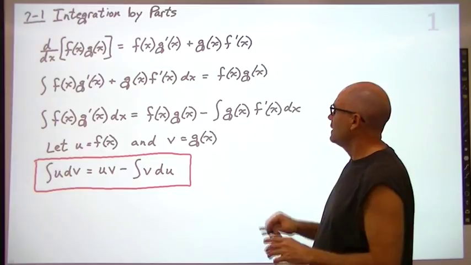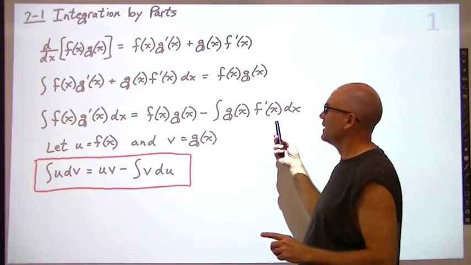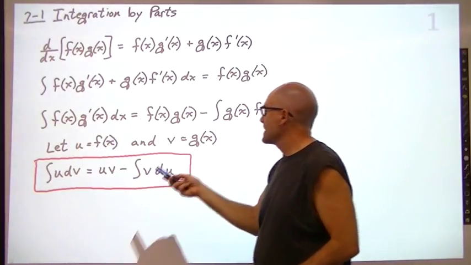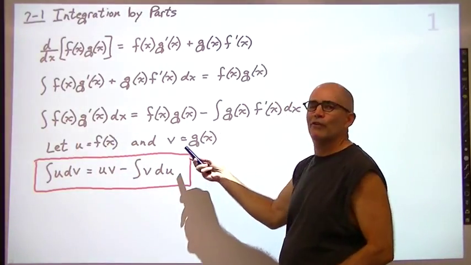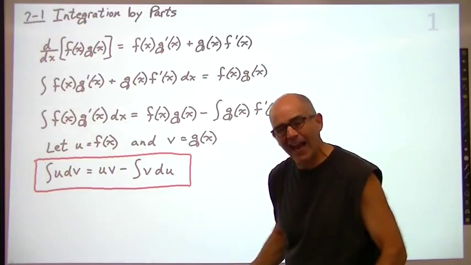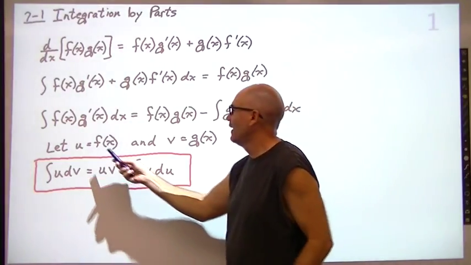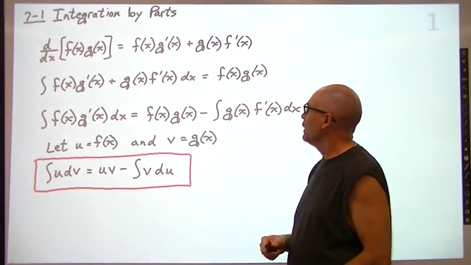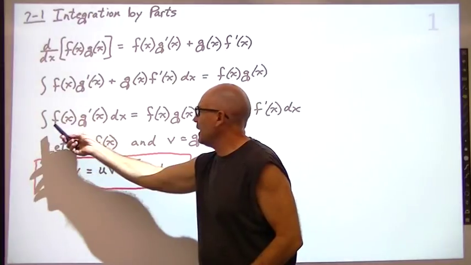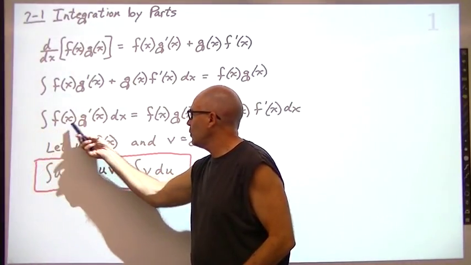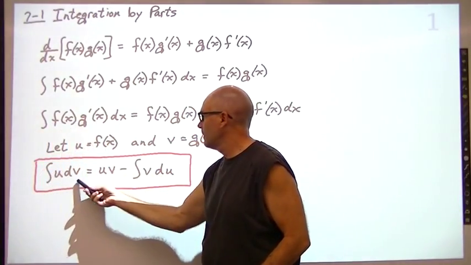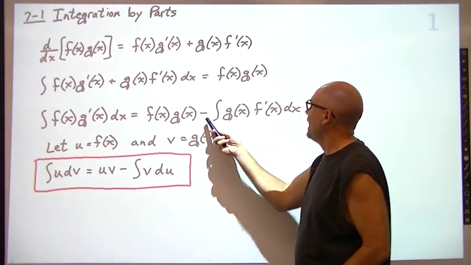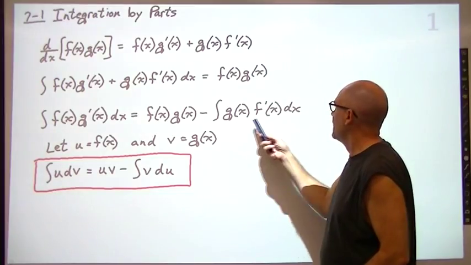Now, to make this a little easier to understand, let u be f of x and v be g of x. So, that means we have the integral of u dv equals uv minus the integral of v du.